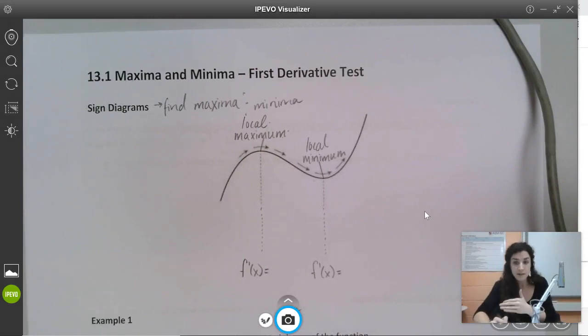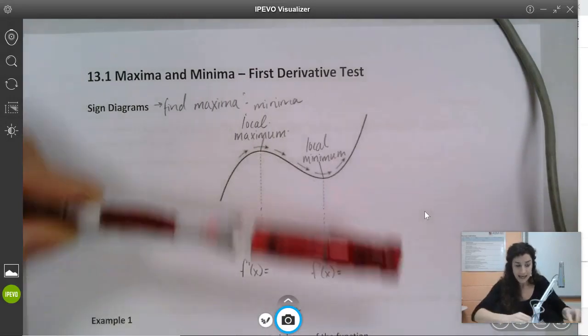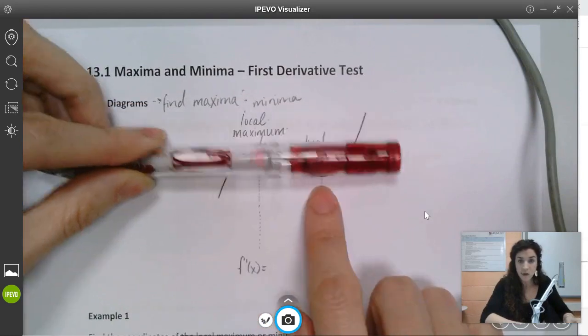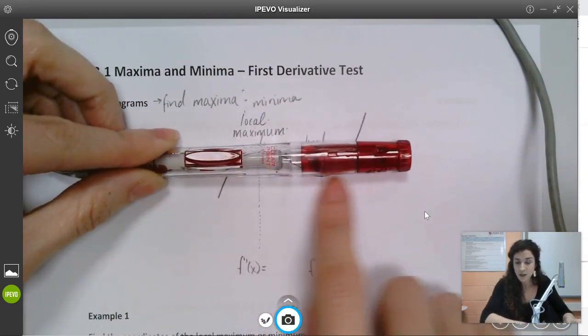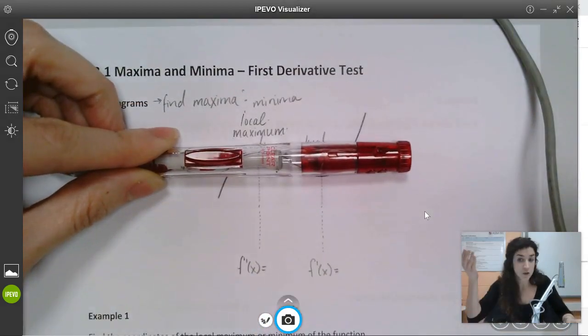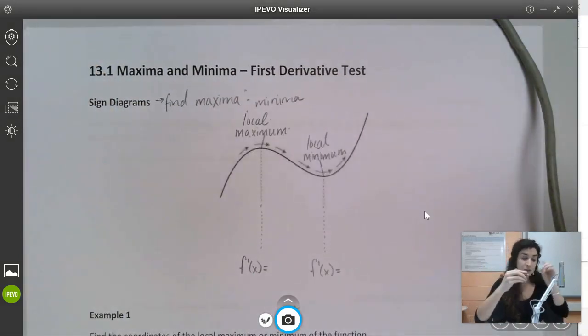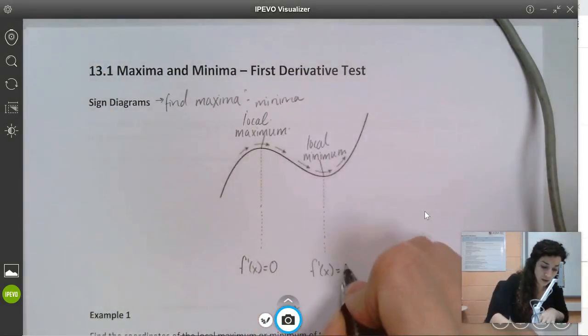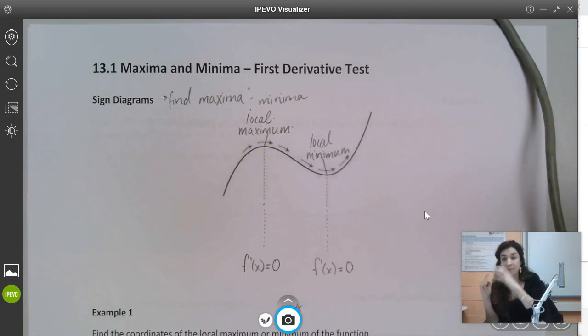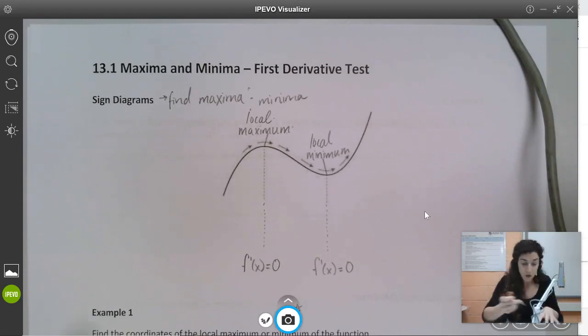Remember that since your derivative is the slope of your tangent line, and at a maximum or at a minimum, your tangent line is horizontal, which has a slope of 0, that means that your derivative is equal to 0, right? Anytime you hear about maximum or minimum, they're saying first, derivative, and second, is equal to 0.